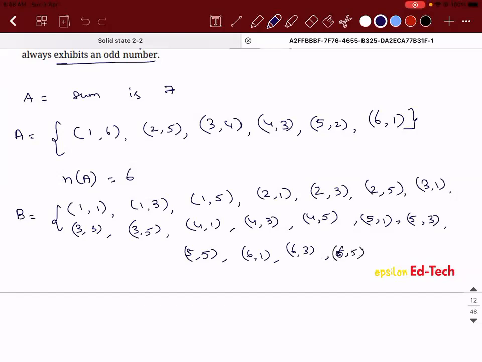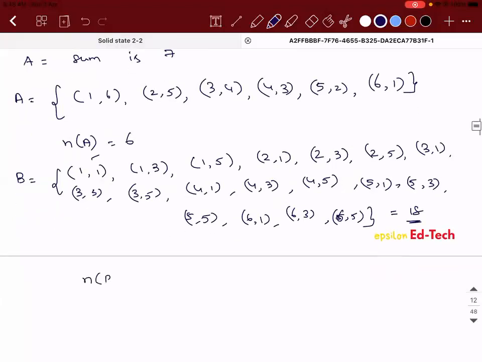So how many elements are there, guys? For 1, there are 3. So till 6 means it should be 18. Right. So number of elements in set B is equal to 18.